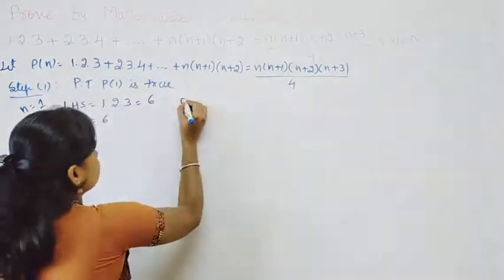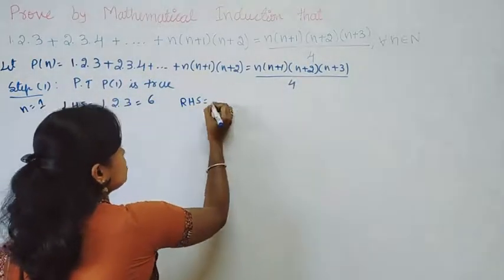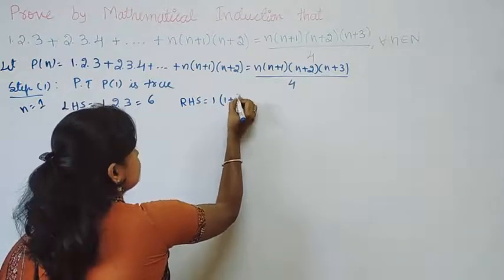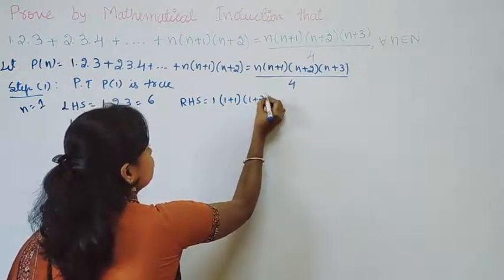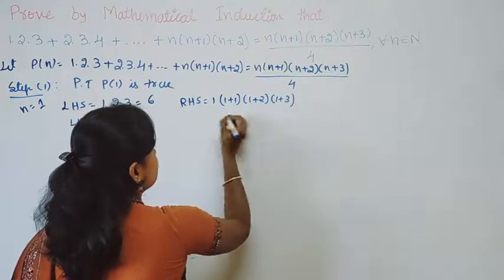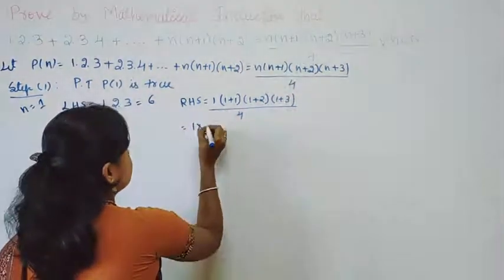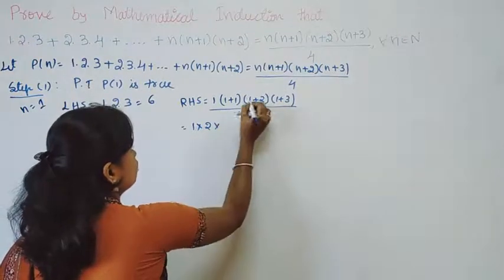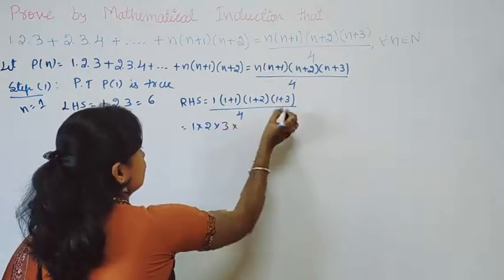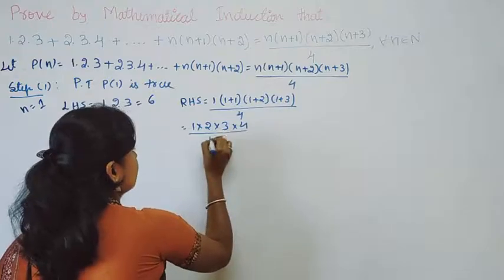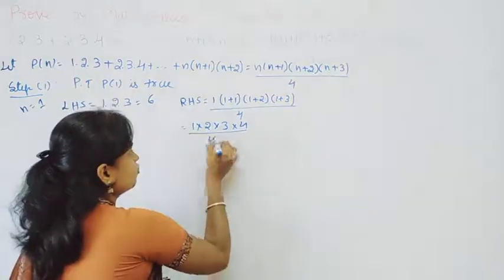So come to the RHS. Put n is equal to 1. Then RHS becomes 1 into 1 plus 1 into 1 plus 2 into 1 plus 3 whole divided by 4. That is equal to 1 into 2 into 3 into 4 whole divided by 4. So 4 gets cancelled.